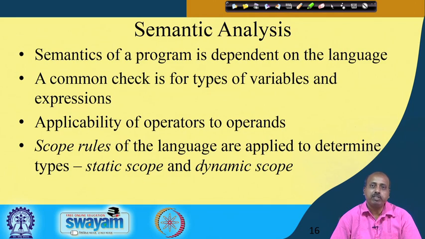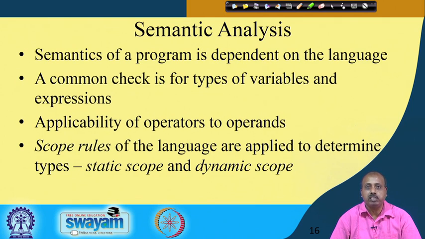On string variables, you can have string concatenation and search for a substring, which are not applicable if you are taking an integer variable or a real variable. So if the programmer has made some mistake and has written something which is wrong from the point of view of the types of variables and expressions, that should be caught.